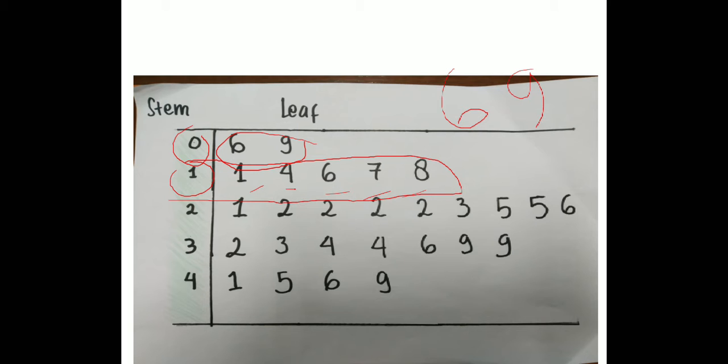So we can say like stem 1, leaf 1 means 11, and stem 1, leaf 4 means 14. Stem 1, leaf 6 means 16, and so on.